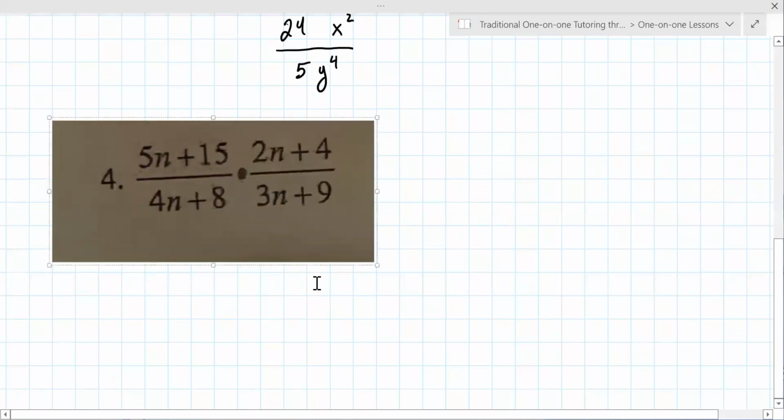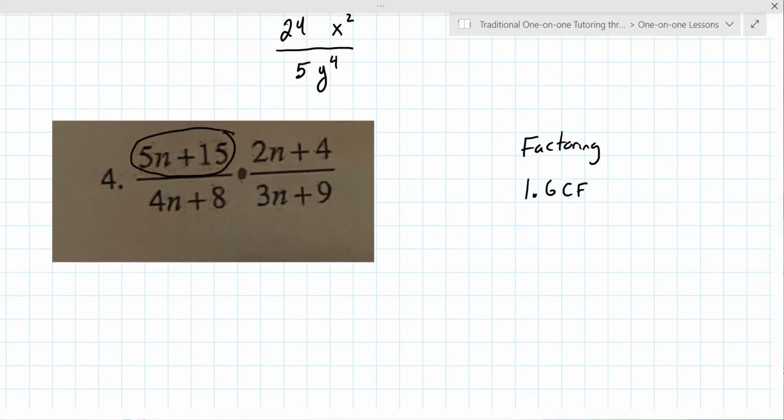Okay, so the very first type of factoring that you're supposed to always do first is greatest common factor. And that's why I grabbed this problem here, because they all have a greatest common factor. So when you look at 5n plus 15, is there a number that goes into both? 5.